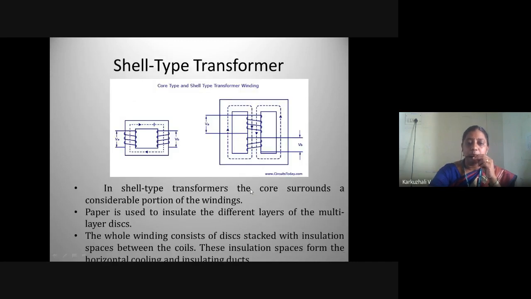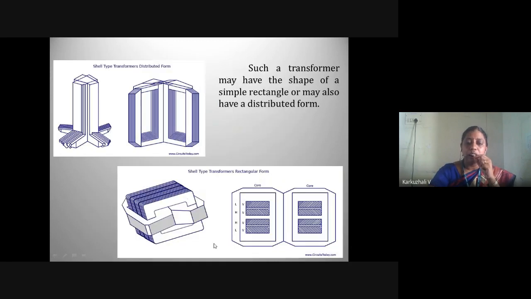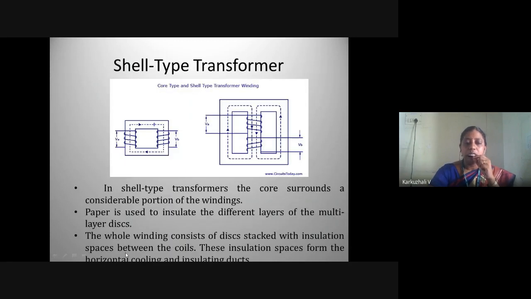In shell type transformers, the core surrounds a considerable portion of the winding, and paper is used as the insulation material. The winding consists of discs stacked with insulation spaces between the coils, and these insulation spaces allow for cooling. That is, they have either horizontal cooling and insulating ducts. You can see that VA voltage is given as the input to the primary, and VB is taken from the secondary.